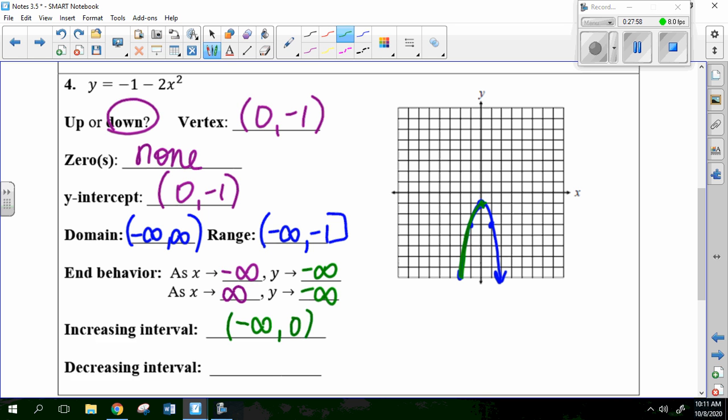And then from the vertex, I decrease, but I always end with what infinity? Positive. Positive. We're going from left to right. I don't care that I'm pointing down, okay? That's the whole decreasing part. But those are the y values. I want the x values, so we're going to the right.